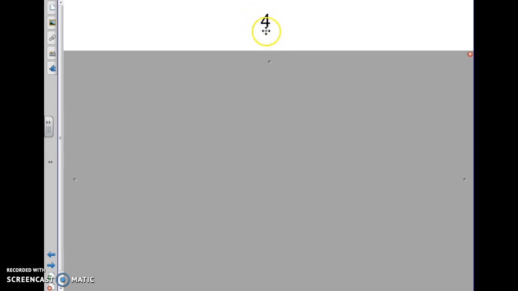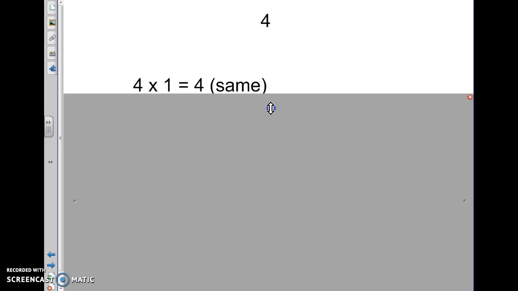So let's say that we're given a number like 4. If we multiply that number by a factor like 1, the product is going to be 4. So in other words, the product is going to stay the same as the given, we'll just keep calling this the given number. It's the original factor. So it'll stay the same, right?